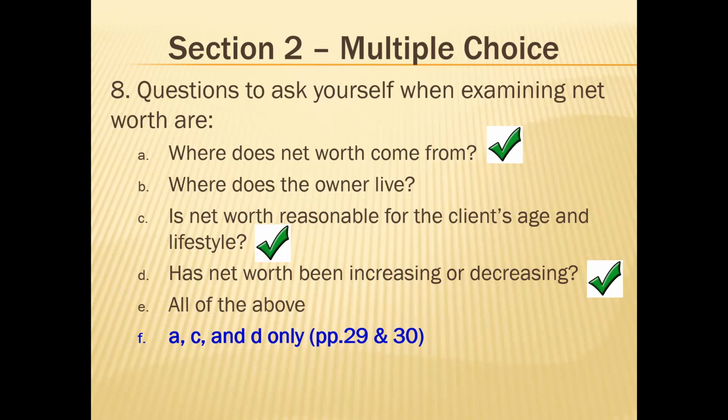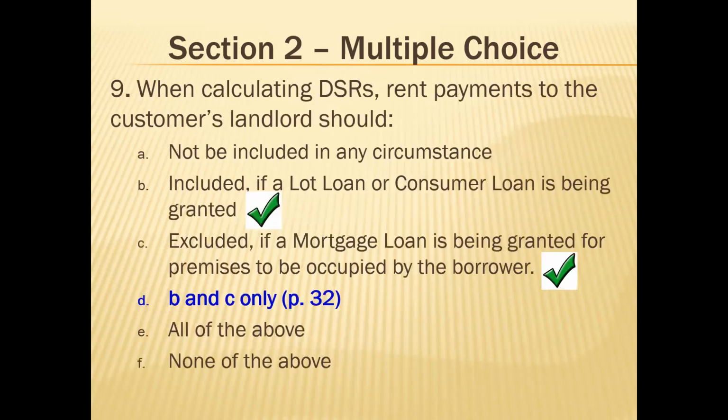Then the final question in section 2: when calculating debt service ratios, rent payments to the customer's landlord should be B, included if a loan or consumer loan is being granted, and C, excluded if a mortgage loan is being granted for premises to be occupied by the borrower. B and C are correct.